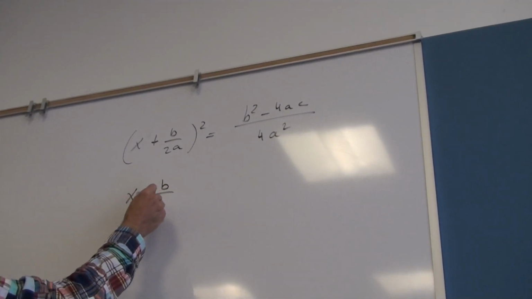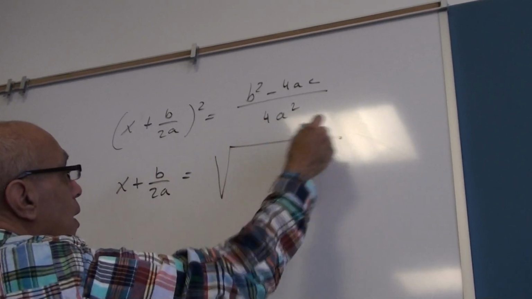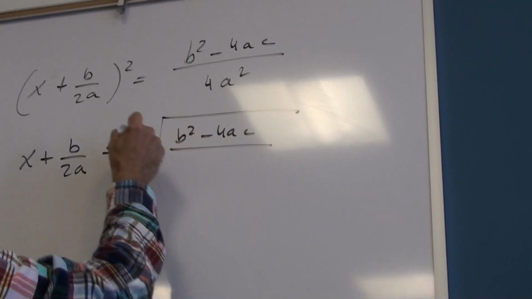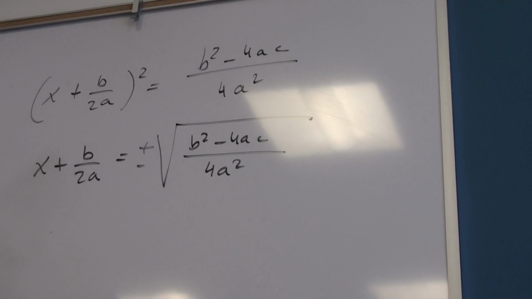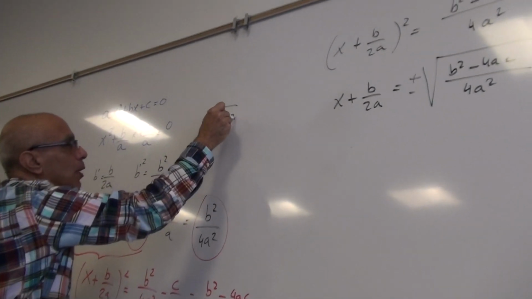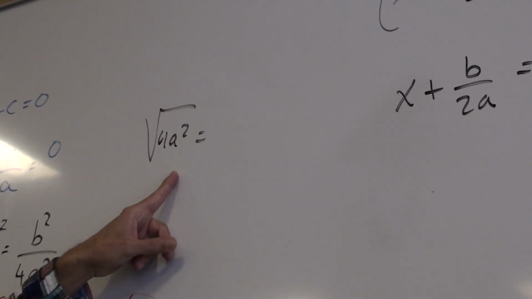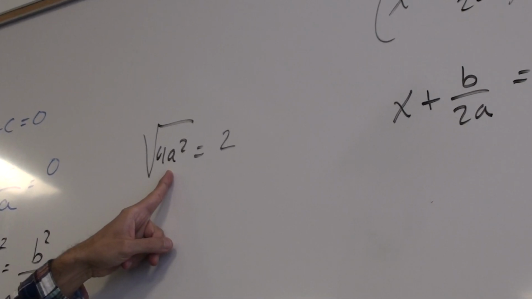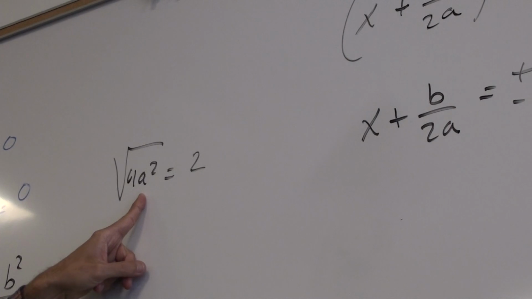Now the square root of this whole thing here, b squared minus 4ac, plus or minus, over 4a squared. The square root of 4a squared is equal to what? The square root of 4 is 2. The square root of a squared is a, right?